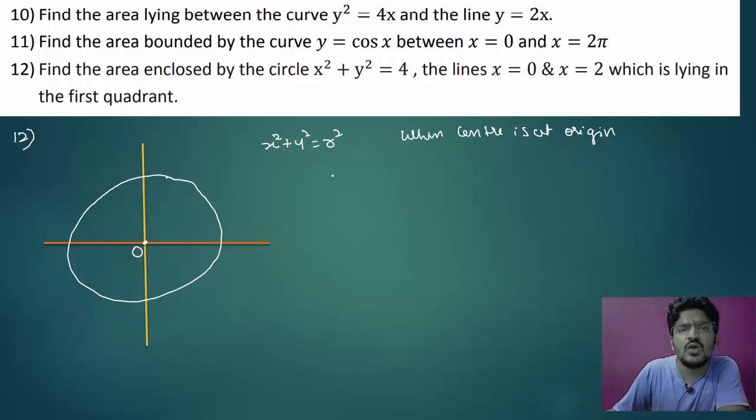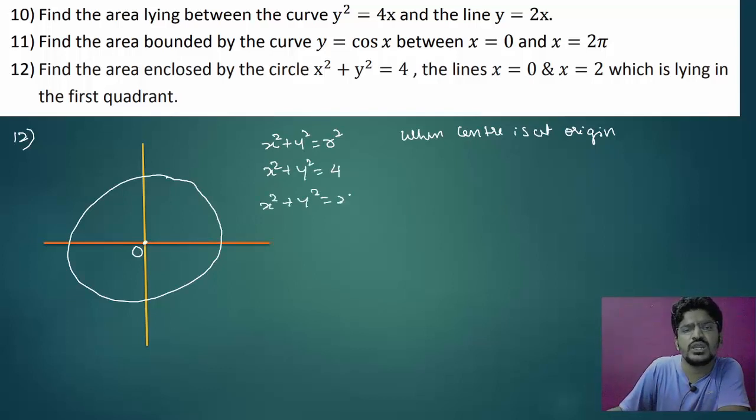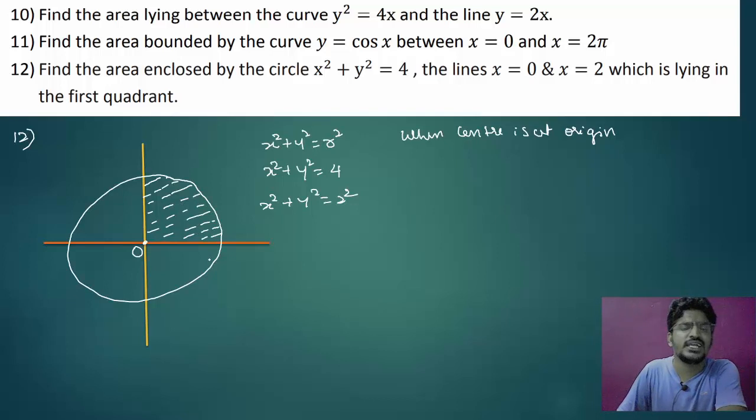Okay, now x square plus y square equal to 4 means we can write it as x square plus y square equal to 2 square. Clear? Therefore, this is the area that you have to calculate, and clearly they have mentioned that it is in the first quadrant. So 0 to 2 you have to calculate.